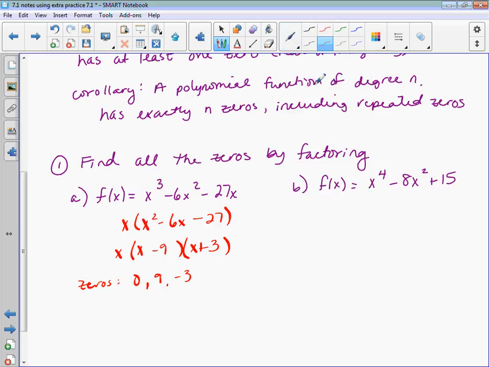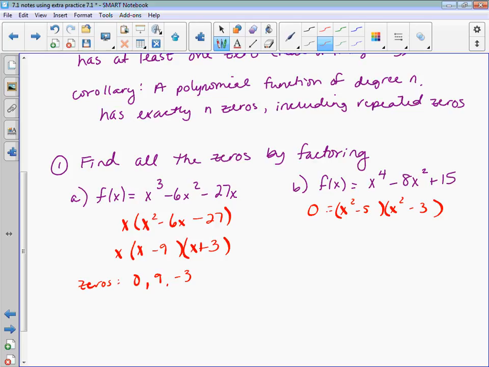I wouldn't even, I mean, you can do substitution, but I would just think about it. I know to get x to the 4th, I need x squared times x squared, right? So you don't have to go through the substitution. And then what multiplies to give you positive 15 and adds up to negative 8? Negative 5 and negative 3, right?